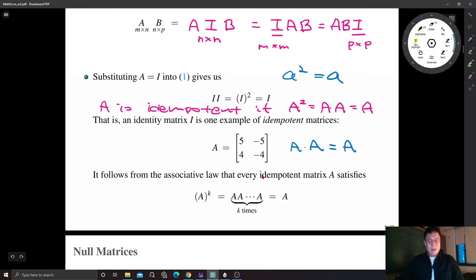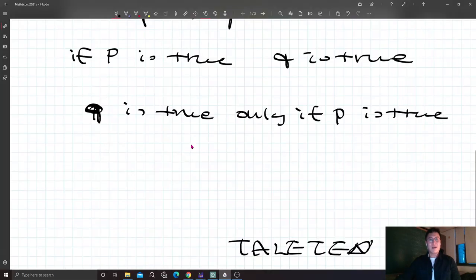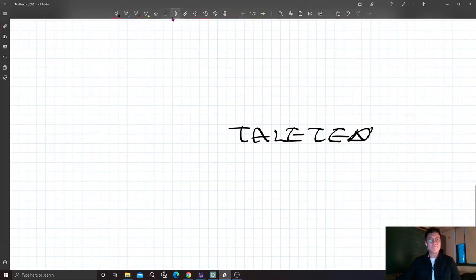Right. And from the definition of idempotent matrix, we have this. If we do repeated multiplication of A k times, so A to the power k is the same as A, right? Why is that? Let me show you one example.